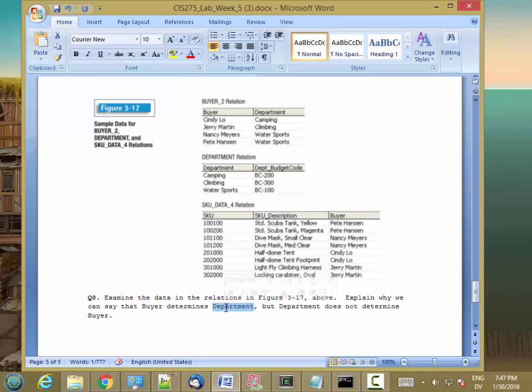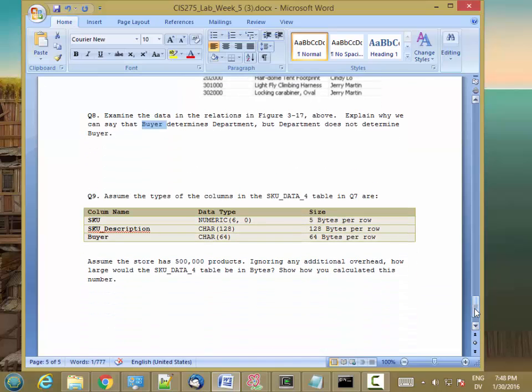So the question is, if I tell you a specific department from the list above, can you always give me exactly one value for buyer or not? If you could, that would mean that department determines buyer, and if you can't, that means that you can't determine buyer from department. So go ahead and explain why buyer determines department, but department does not determine buyer.